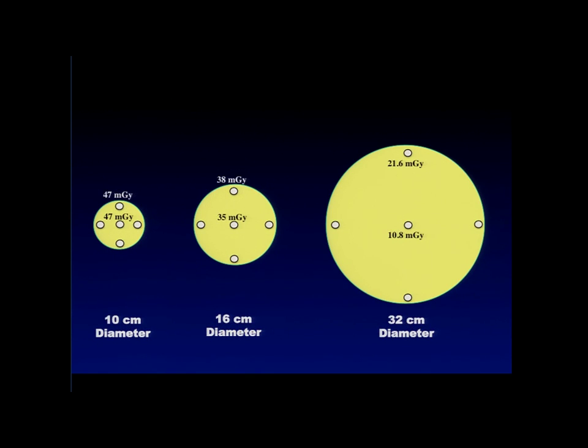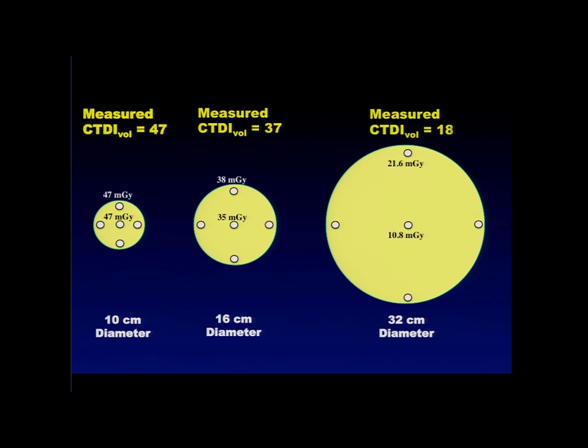So here's our 3 phantoms. Here's the results of our measurements. And we calculate 47 milligray for 10 centimeters, 37 milligray for 16 centimeters, and 18 milligray for the body phantom. Does that seem kind of odd?